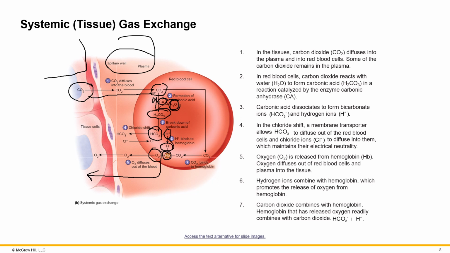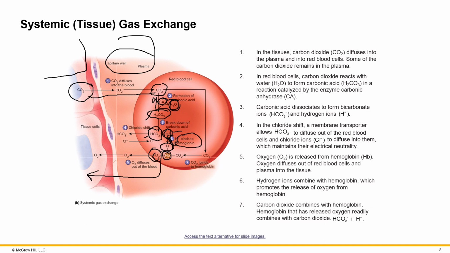Now we will talk about what this chloride shift is here for a minute. Remember, when carbonic acid breaks down into bicarbonate ion and hydrogen ion, this hydrogen ion is going to bind to your hemoglobin in the meantime while this oxygen is doing its thing. So this point number 6 here is a temporary point between what has bound to that hemoglobin, or the Hb, at that particular time.